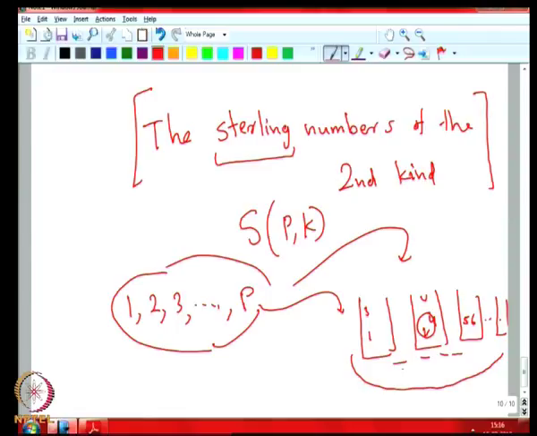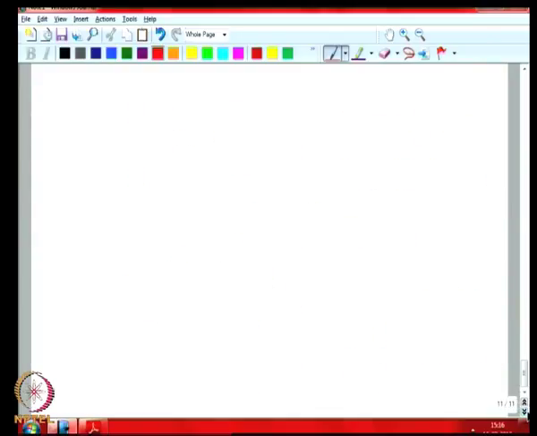So, essentially you want to decompose P into K non-empty subsets. In how many ways can you do this? This is what the count S(P,K) gives. Some simple observations we can make: given a P, let us say P is at least 1.